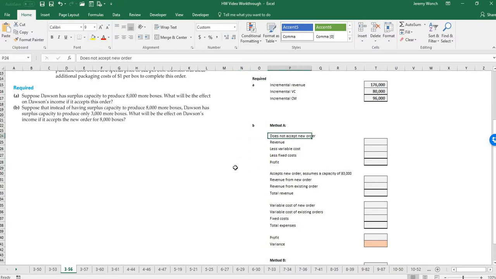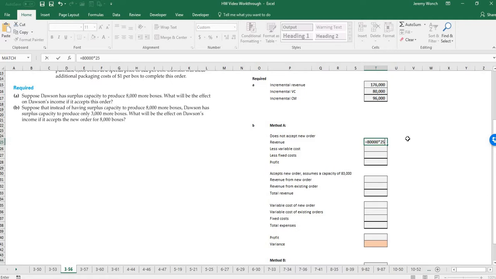First off, start off by assuming that we do not accept the new order. So this would be just the status quo. We would sell our normal 80,000 units, and we would sell them at a normal selling price of $25. So we would make $2 million.